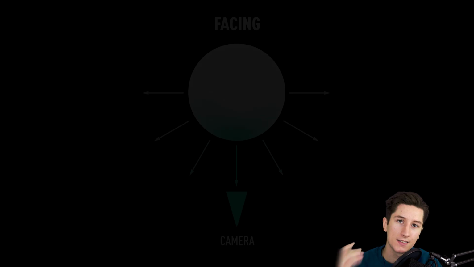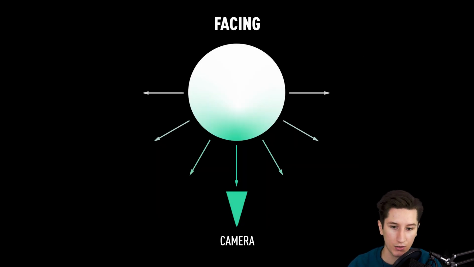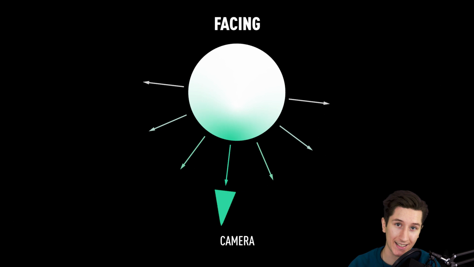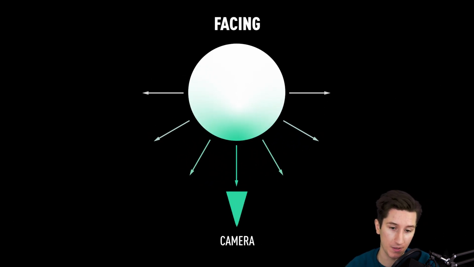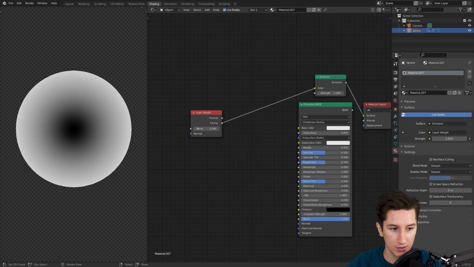This is basically a mask for the faces that are facing the camera and those faces that are curving away from the camera. Really neat if you want to work with reflections, because everything that's camera related has usually something to do with reflections.